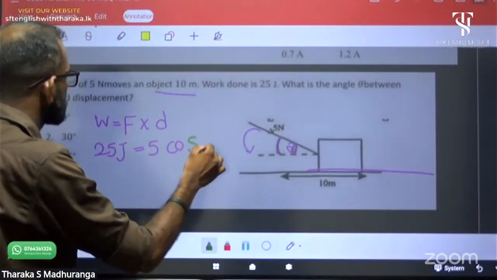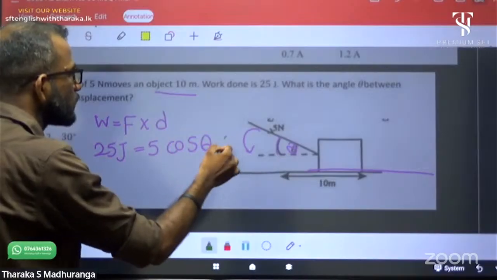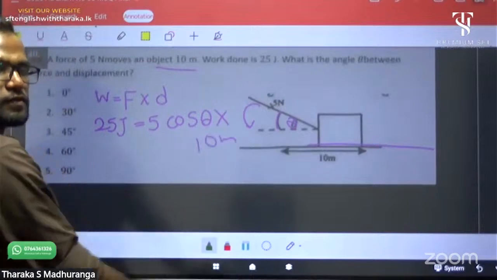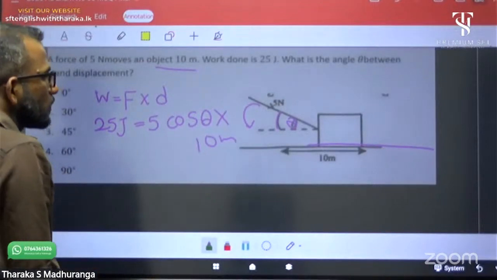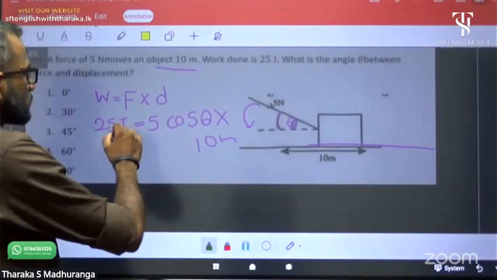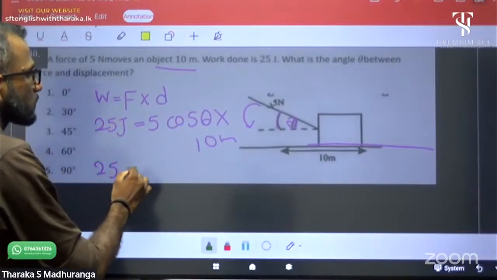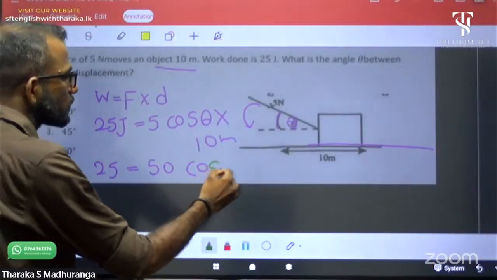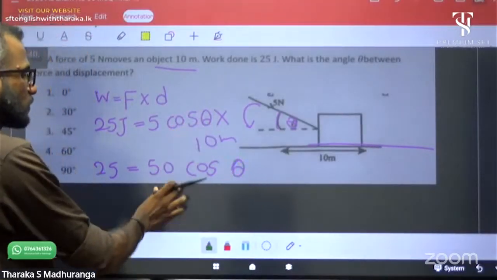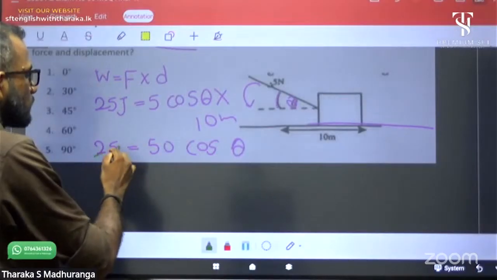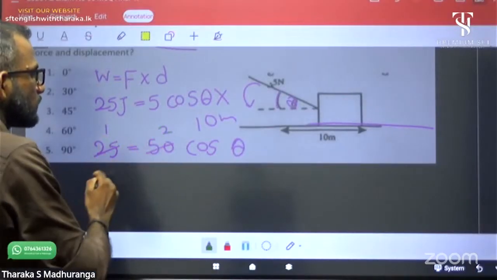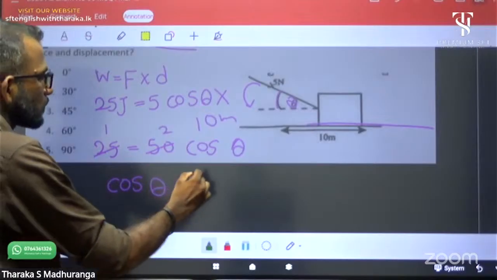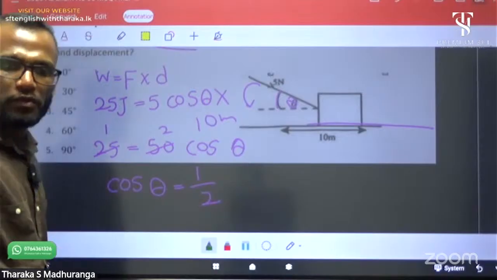theta, 5 cos theta into displacement 10 meter. Then 25 equal 5 into 10, 50 cos theta. Now 25 over 50, it cancels. Then cos theta equal 1 over 2. 1 over 2 means half.